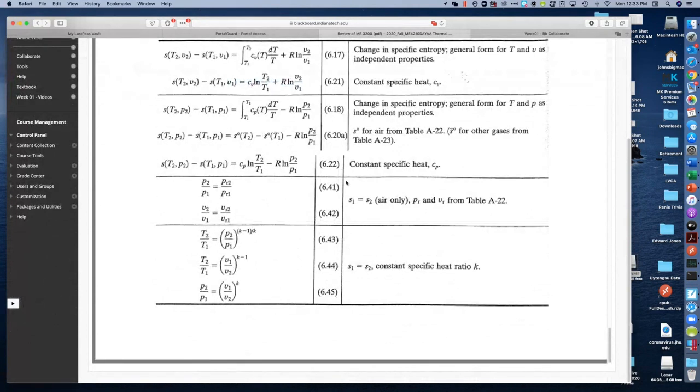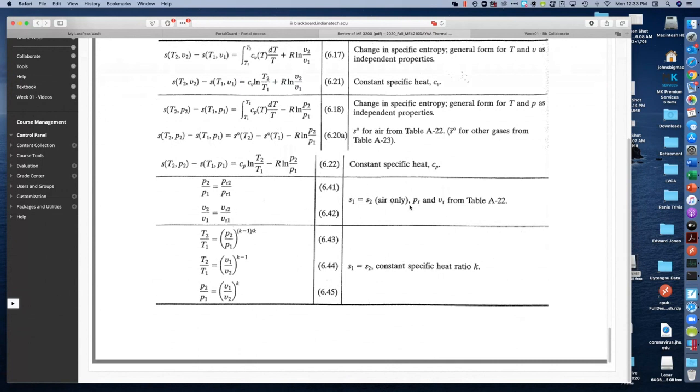Now, because of this effect, Table A22 is also provided for you. It looked at this equation right here and asked, what happens when there is no change in entropy between a temperature and a pressure condition? And so Table A22 provides these two additional table entries called the relative pressures and relative volumes.